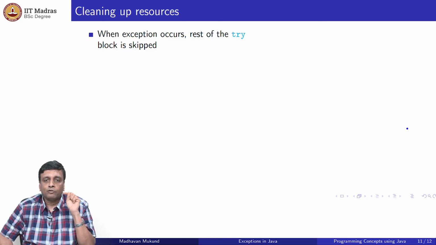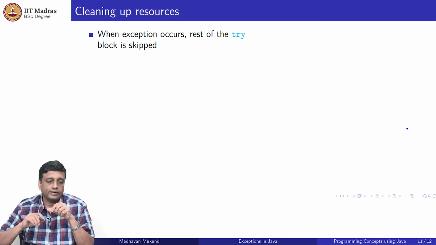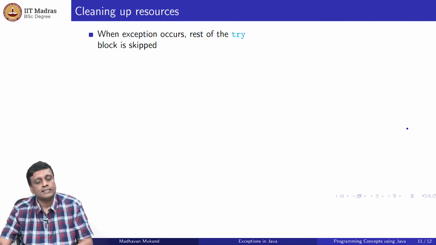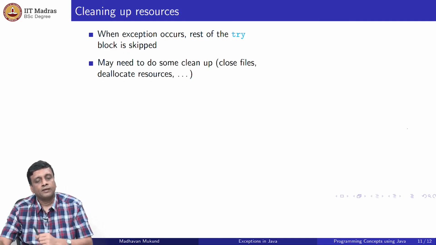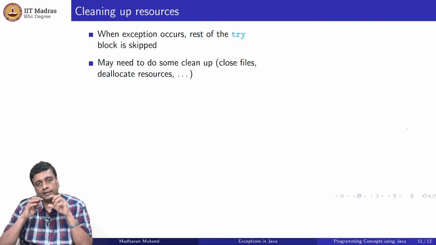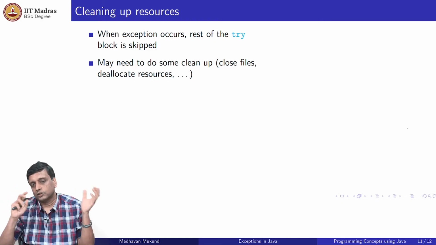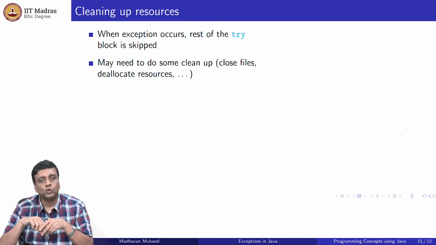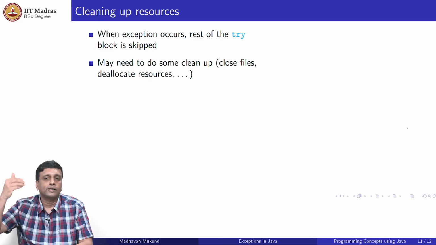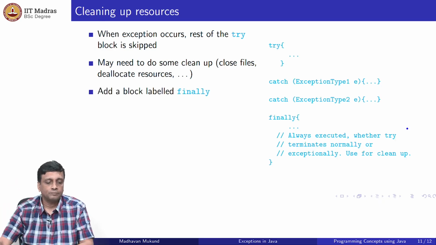Another thing we have to be careful about is what happens when we abort code due to a try. When an exception occurs, the rest of the try block is skipped, and the problem is that the rest of the try block might be doing something which you need to do, like closing a file. Or you might want to delete some node in a list, something you expected to do, but it did not happen because your try block aborted in the middle.